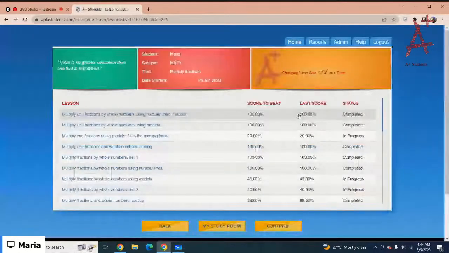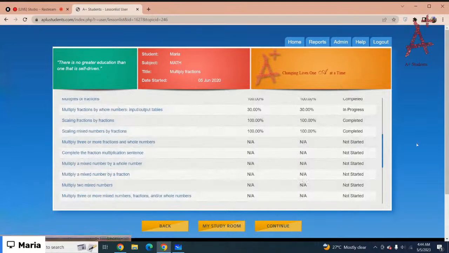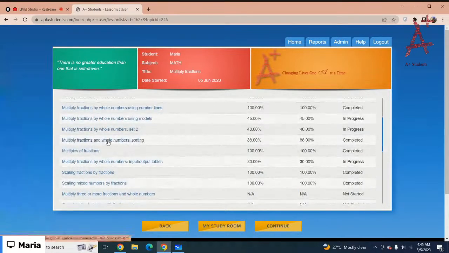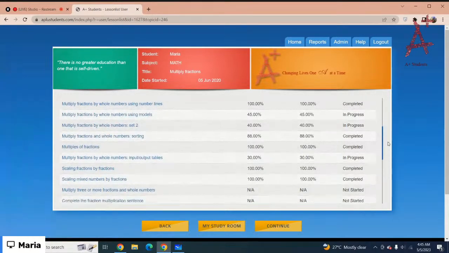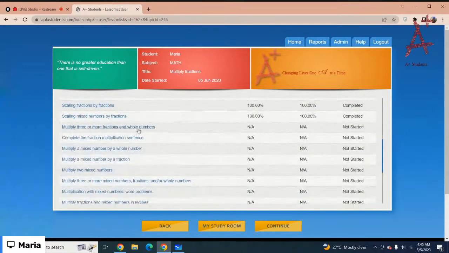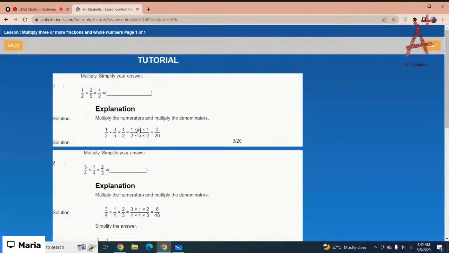Okay, the next one is multiplying three or more fractions and whole numbers. So when you're multiplying fractions, that means you have to do numerator times numerator and denominator times denominator.